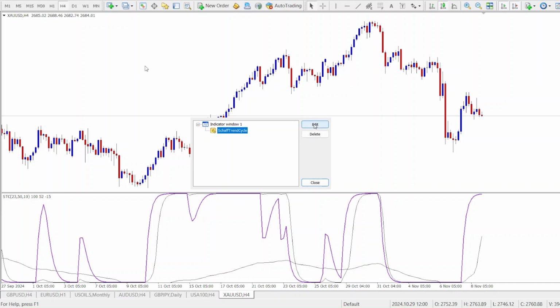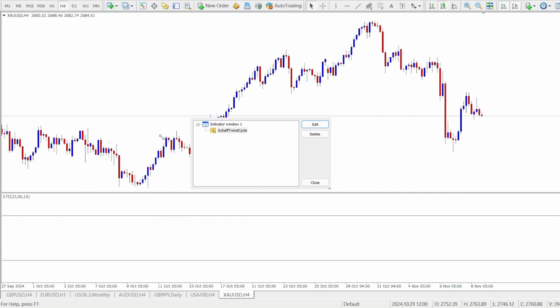So when you see the STC line, let us look at the settings for the STC indicator, the inputs. I'm just going to change this to broken lines.